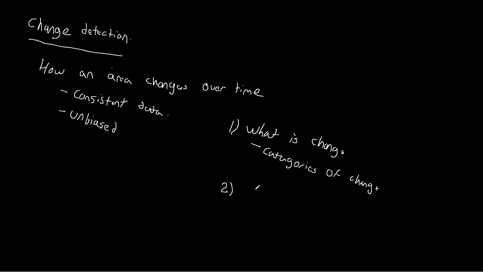The second thing I want to talk about in this module is how do we do change detection? How do we measure change? And then finally, I want to wrap up talking about when is change not change.